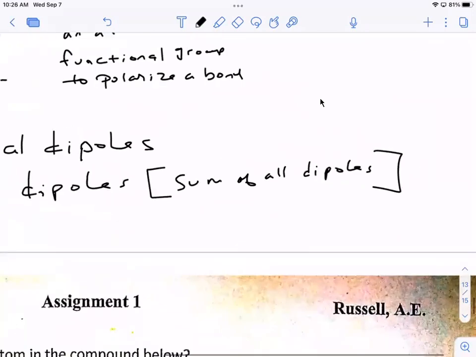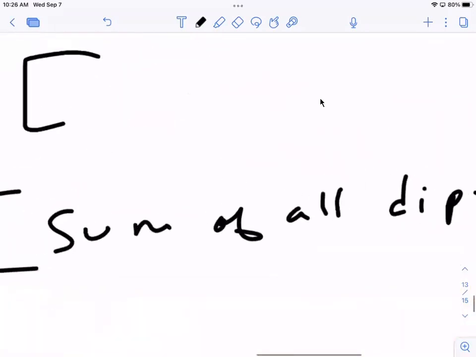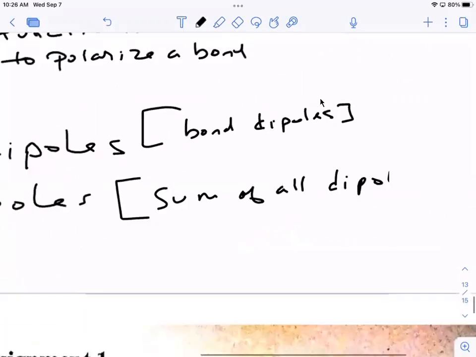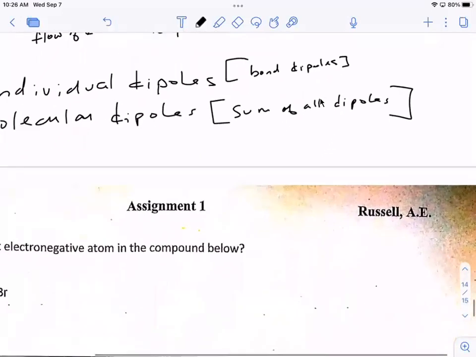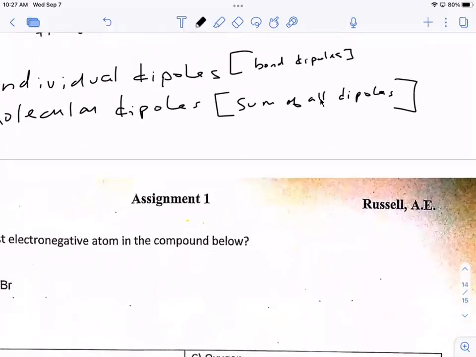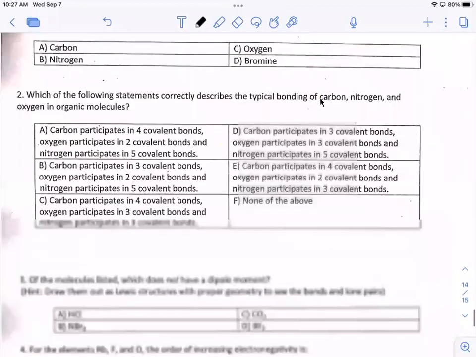Individual dipoles are just the dipoles for specific bonds. But in a molecule, you can imagine you can have multiple polarized bonds, and you can have an overall dipole, like an overall direction of electron flow. So let's talk about that.